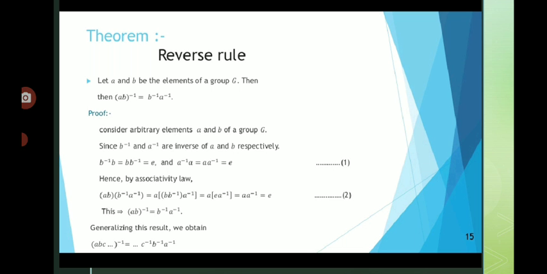BB inverse is E, so A into E A inverse. E A inverse is A inverse, so A A inverse is E. So AB into B inverse A inverse is equal to E. By using the inverse property, AB whole inverse is equal to B inverse A inverse. Generalizing this result, we get A, B, C and so on whole inverse is equal to and so on C inverse, B inverse, A inverse. This is the inverse reverse rule.